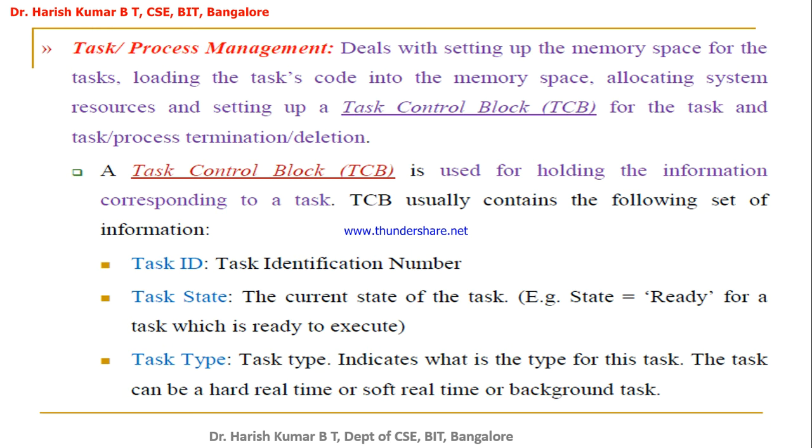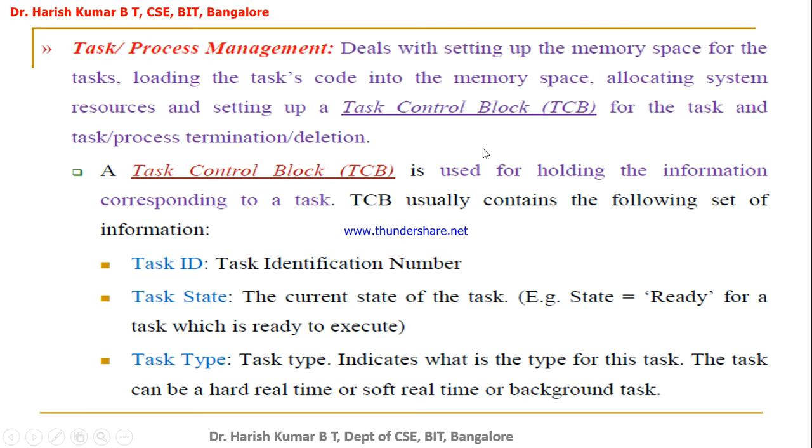Here also, within the real-time kernel, there is process management, which is responsible for allocating the memory space, loading the task into the memory space, allocating the resources, and setting up the task control block. There I told you process control block, PCB. Here it is called the task control block, or if you want, you can also call it the process control block, not a problem. This is the data structure used to store all the intermediate results of the process when the CPU is about to switch from one to the other.